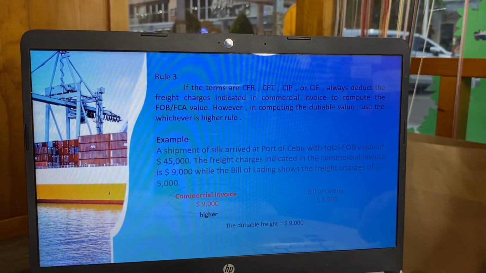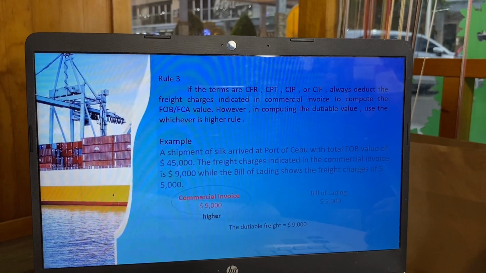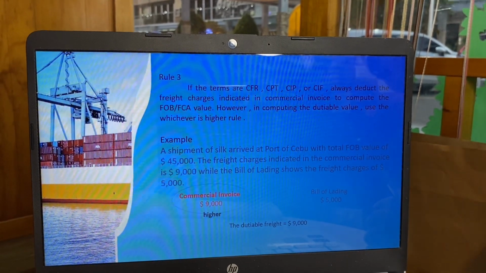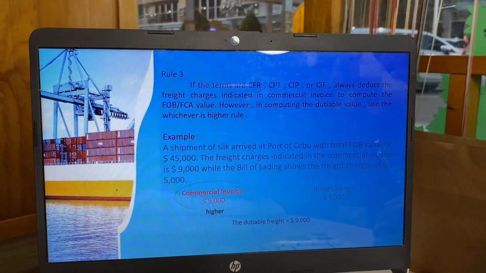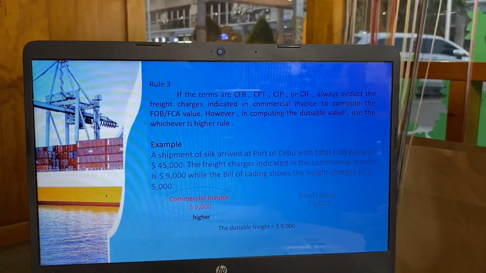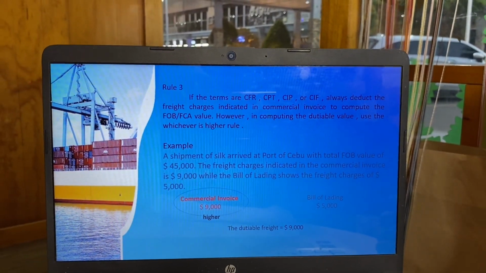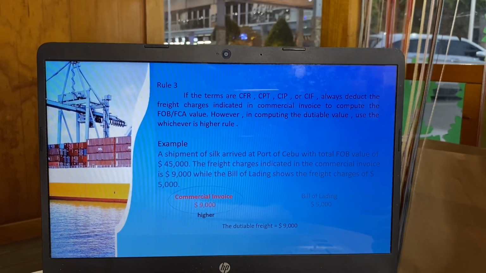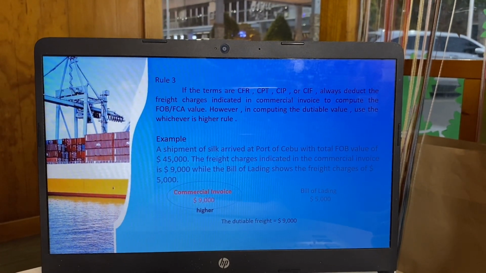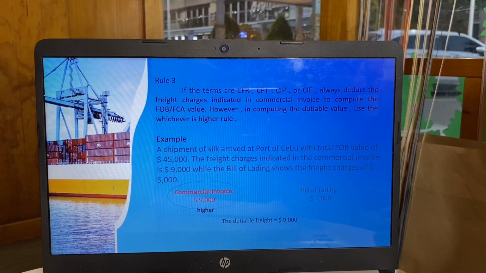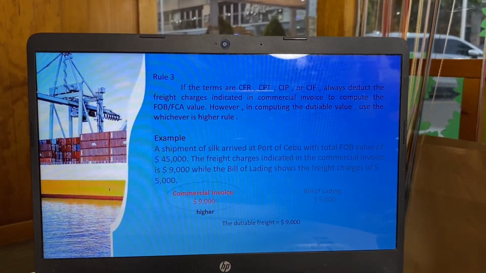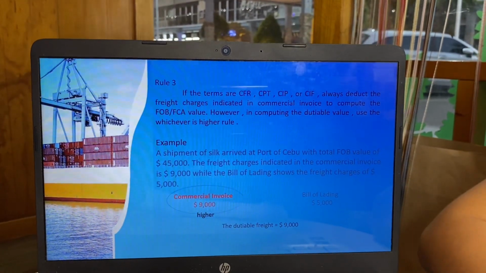So let's proceed to rule number 3. If the terms are CFR, CPT, CIP, or CIF, always deduct the freight charges indicated in the commercial invoice to compute the FOB or FCA value. However, in computing the dutiable value, use the whichever-is-higher rule. So let's go back to rule number 1.